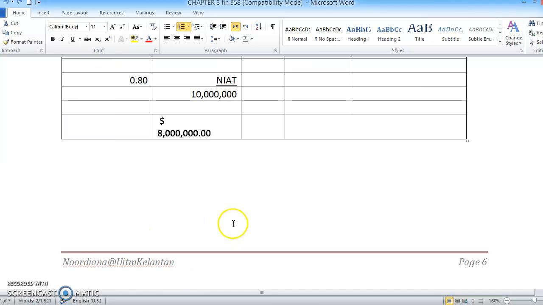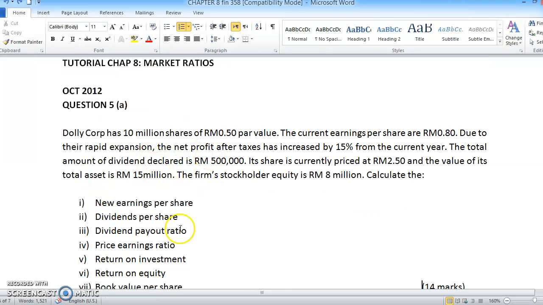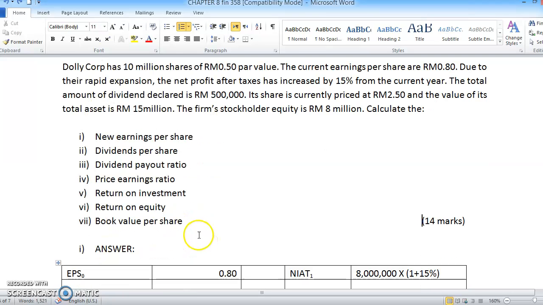Okay, so that's why soalan ni banyak markah dia, right? 14 marks. Okay. So ini adalah contoh untuk soalan market ratio. So you can do the rest in your textbooks and try to find the answer for each of the questions. So good luck.